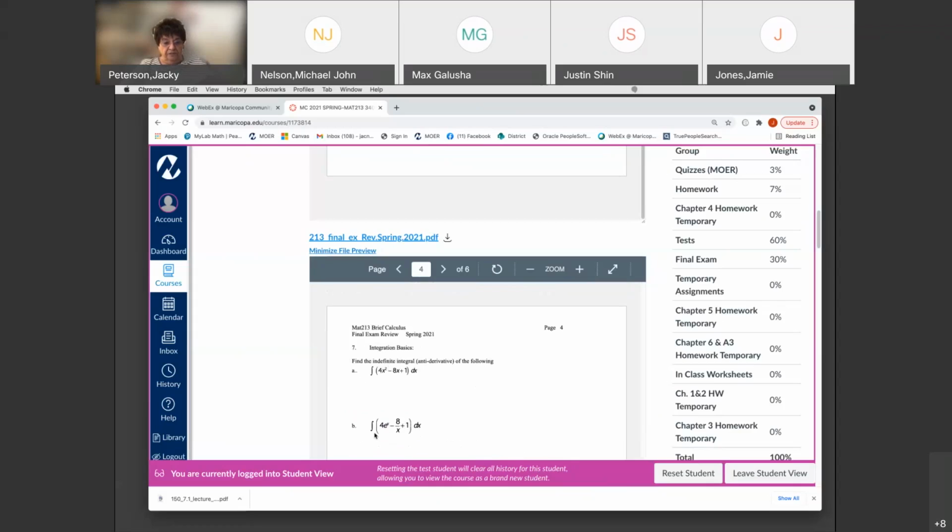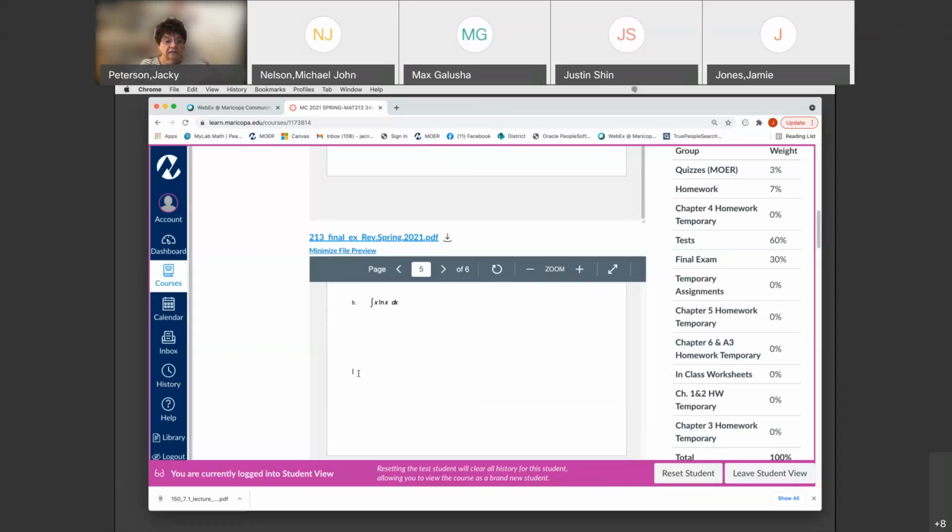This is integration basics. This is U sub. This is the definite integral. These are integration by parts.